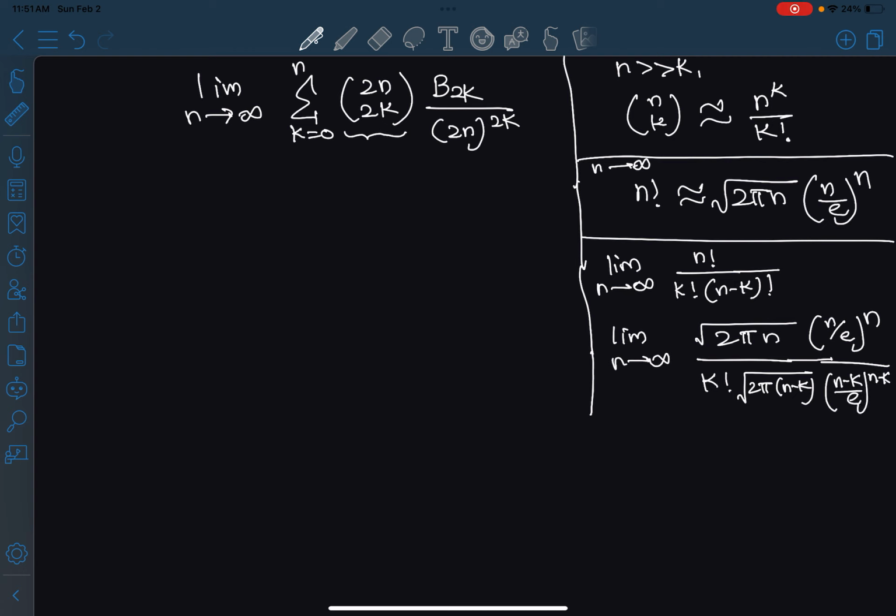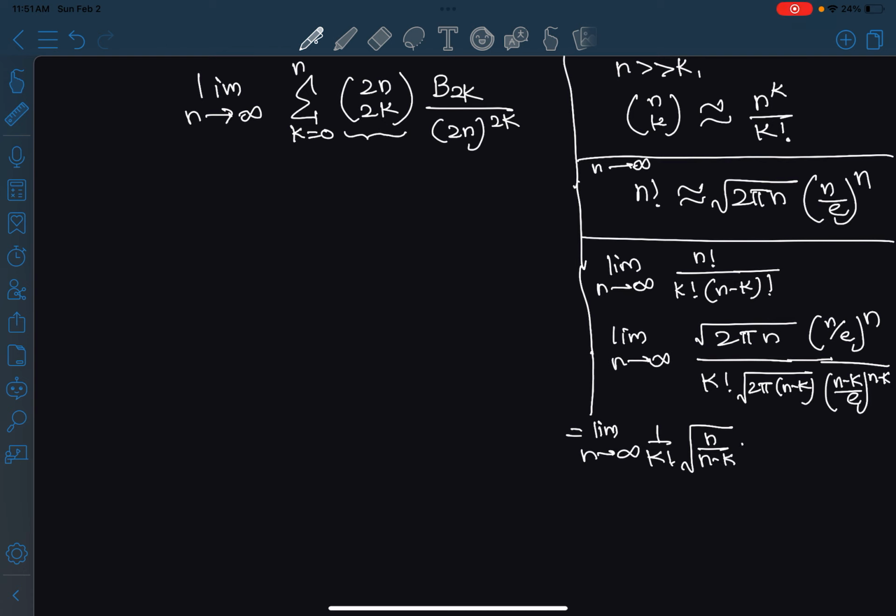So now, taking the limit as n goes to infinity, you can cancel the square root of 2 pi from numerator and denominator, and that leaves us with n by n minus k.